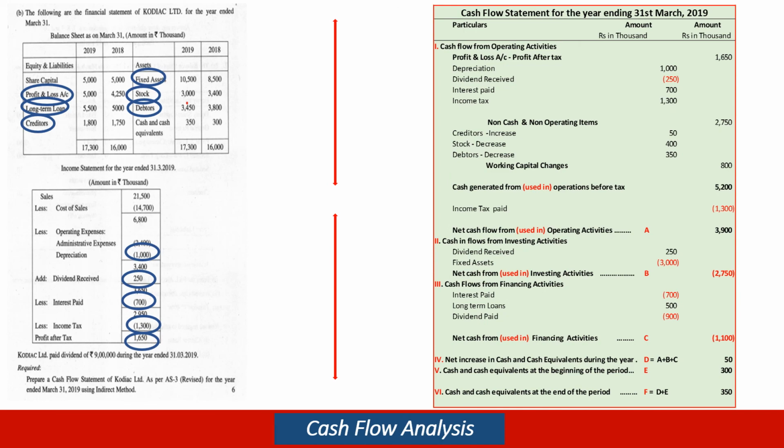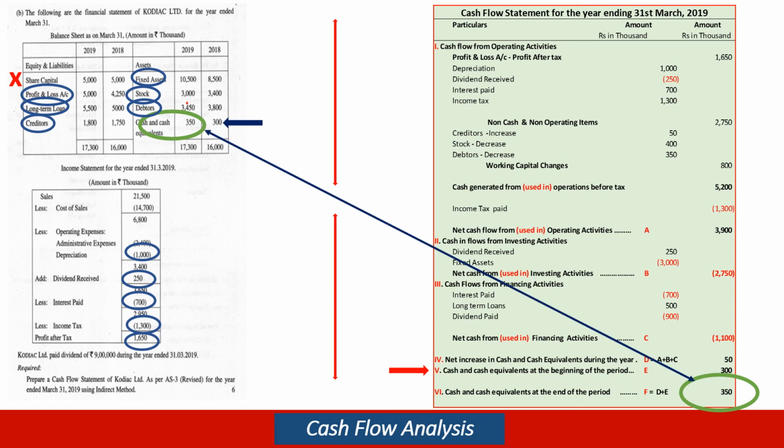What is our opening balance? Opening balance is 300, surplus is 50, total is 350. Closing balance as per the balance sheet is 350 and our cash flow also generated 350.